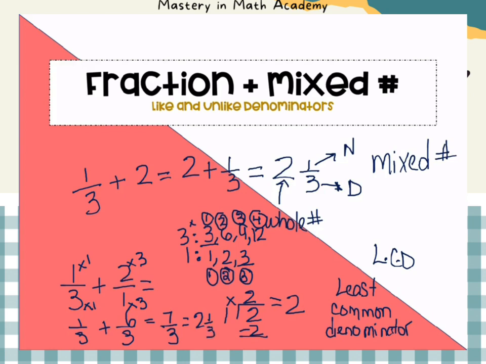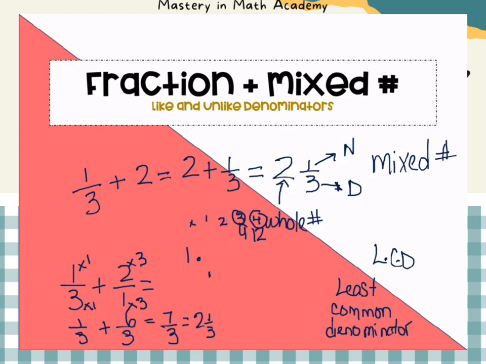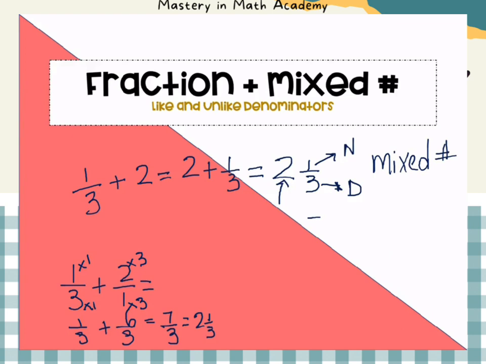Just in case you're asking, let's double check this. Let me erase some stuff so that there is not too much going on on my screen. 7/3, we can write it as a division problem: 7 divided by 3. 3 times 2 is the closest we can get to 7 because 3 times 2 is 6, and the goal is to get as close to your dividend as possible.